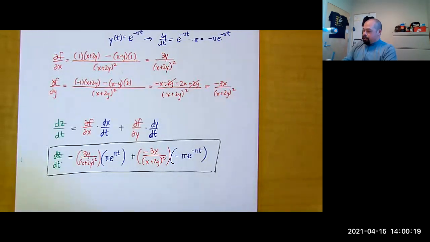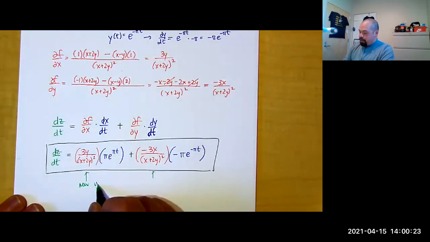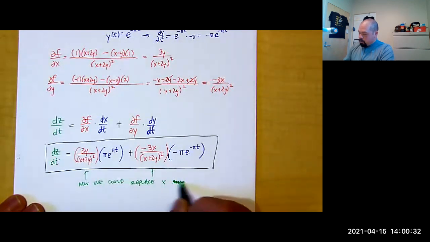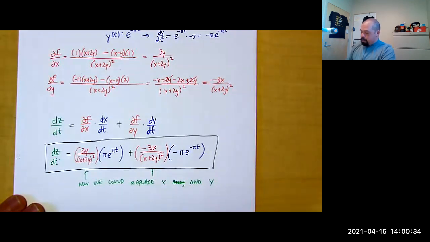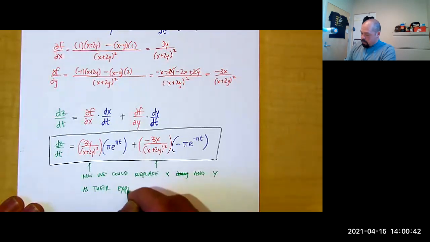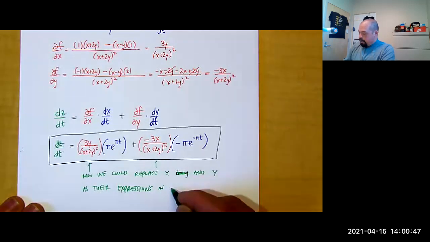But looking at our expression, now we could substitute in that x and y as their expressions in t, right?